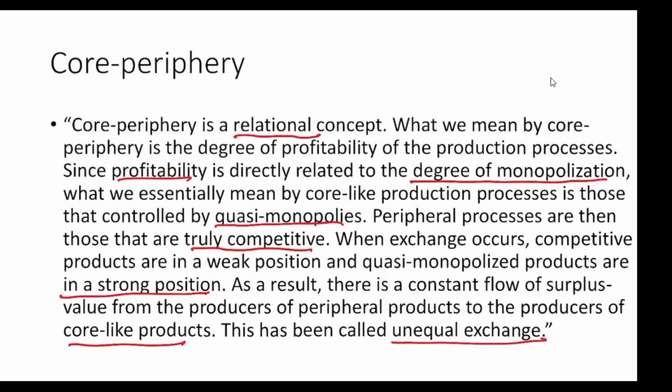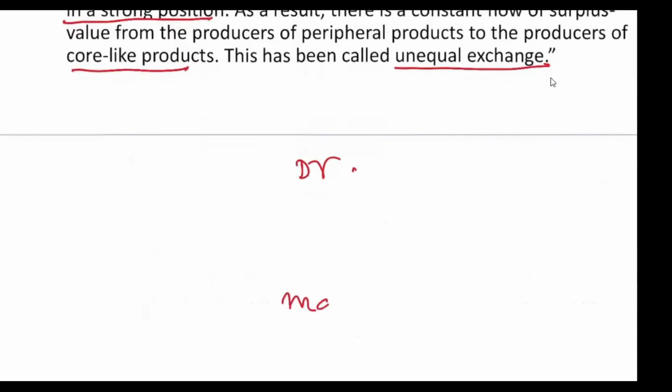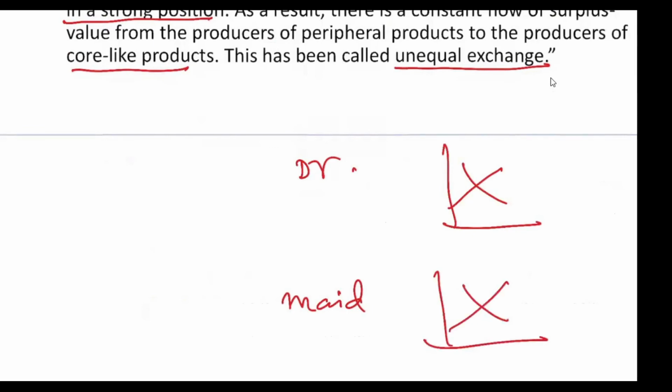See, what is said here, degree of monopolization and quasi-monopolies, is just that in the example of doctor and maid, there are fewer doctors. So doctor's salary is high, going by demand and supply. Maids, there are many. So going by demand and supply, maid salary is very low. So monopolization is nothing but fewer to sell. Competition means more in number.